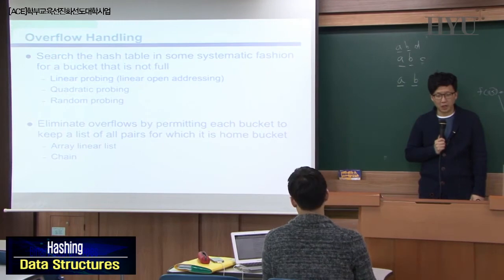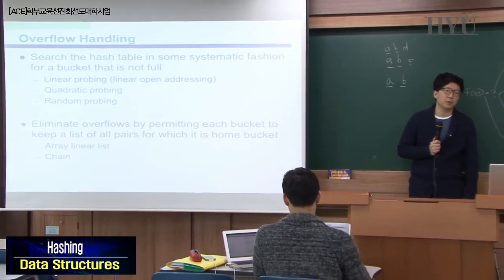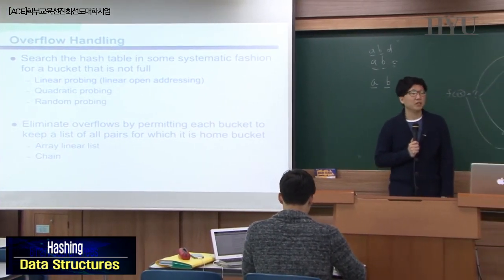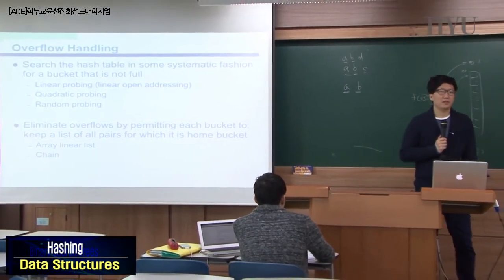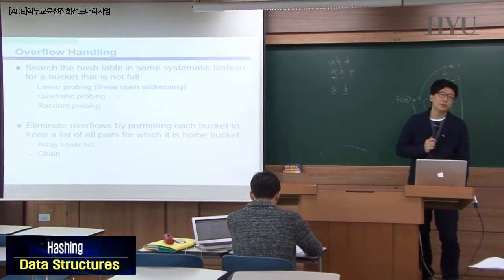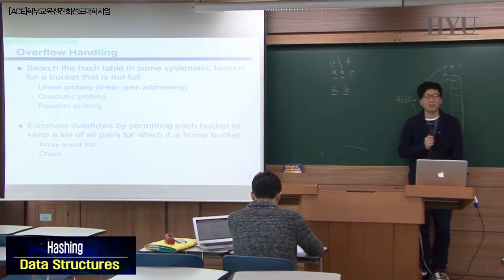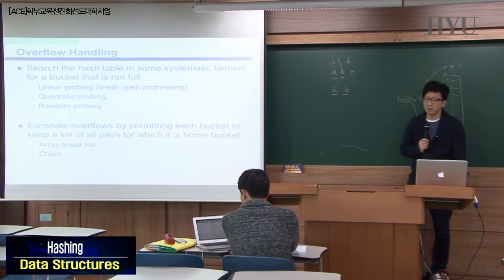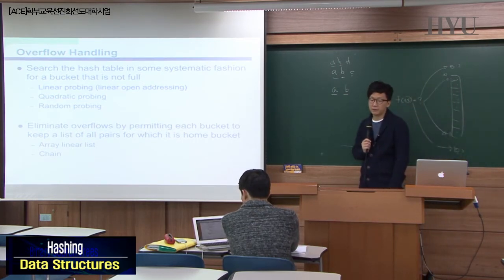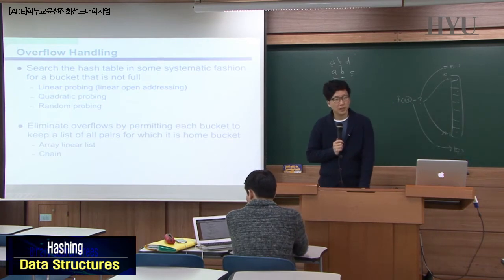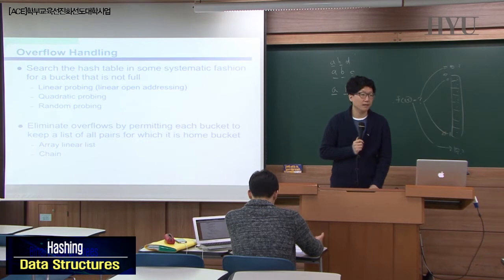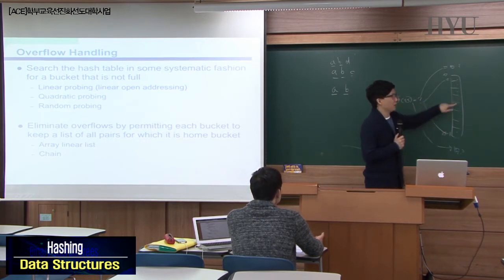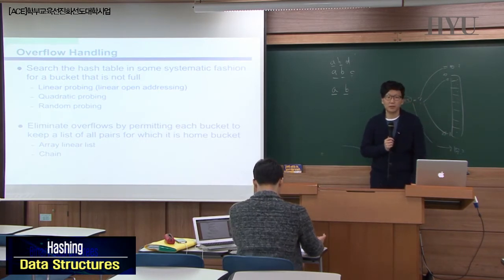So finally, how do we solve this overflow situation, overflow handling? We need more spots to store. What can you do? Actually, they mention two somewhat very easy solutions. One: search the hash table in some systematic fashion for a bucket that is not full. So I give a certain hash function and hash key, and I find my home bucket. Let's say the home bucket is here, but I notice that this is already filled.